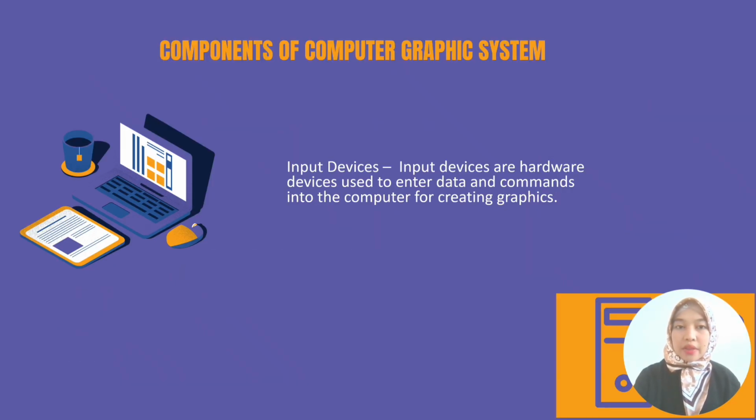So the components of a computer graphics system are input devices, output devices, and the processing unit. An input device is a hardware device used to enter data and commands into a computer for creating graphics.